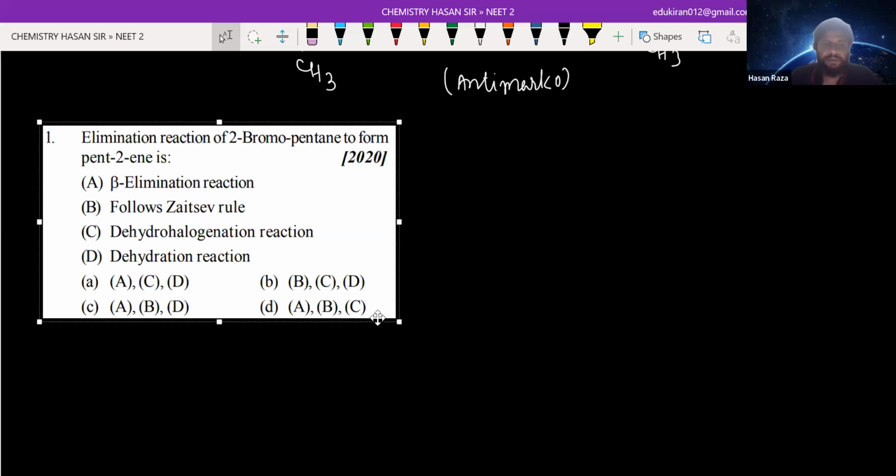Elimination reaction of 2-bromopentane to form pent-2-ene is a beta elimination reaction following Saytzeff's rule, a dehydrohalogenation reaction, not a dehydration reaction.